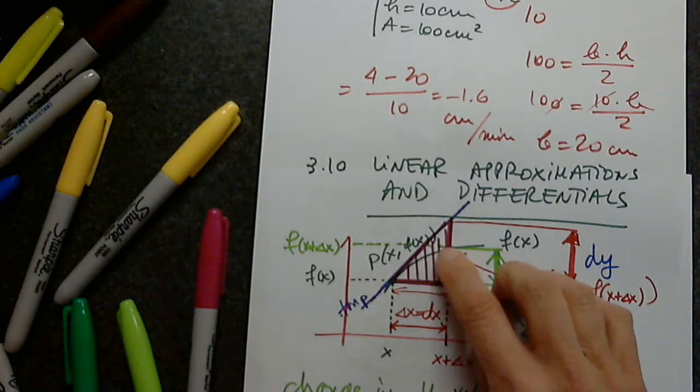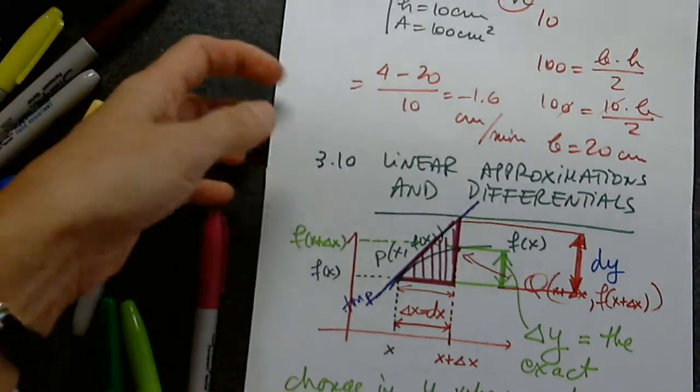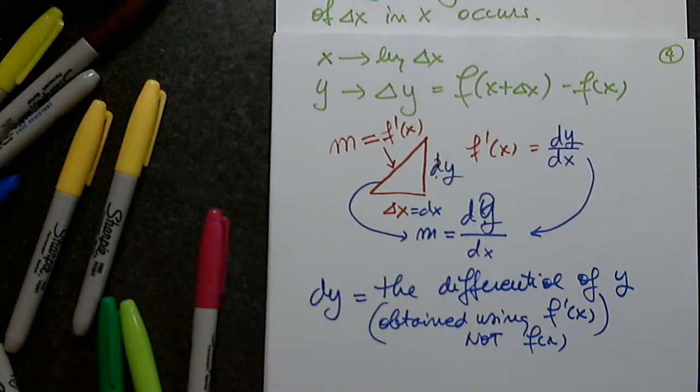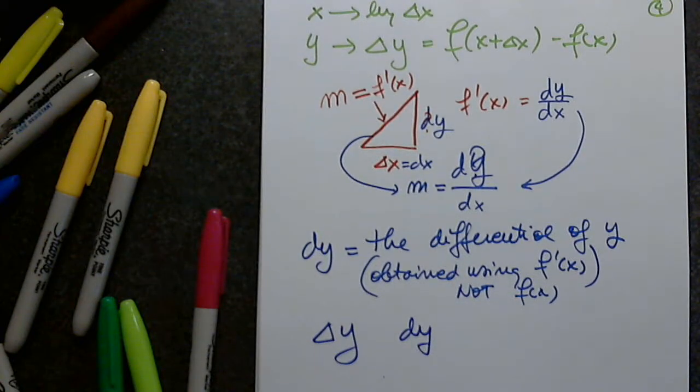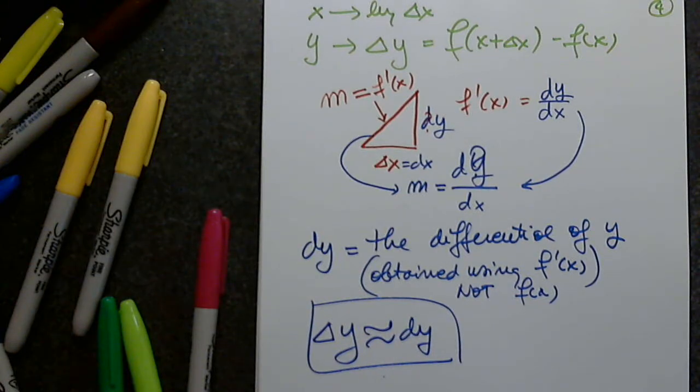Therefore, I can conclude, even from the same example, that the relationship between delta y and dy is that I cannot use equal. The actual change in y, or in the function, triggered by a tiny change in x, can be determined quite accurately, not exactly, using dy.